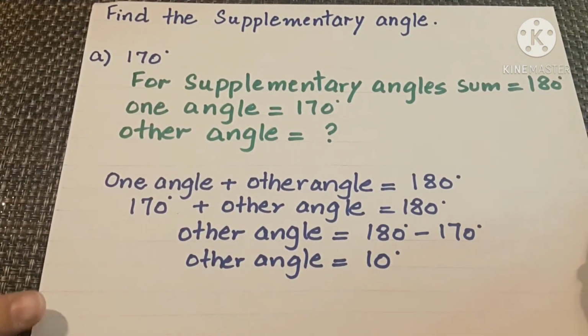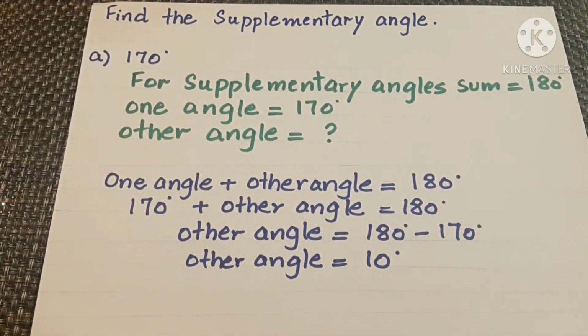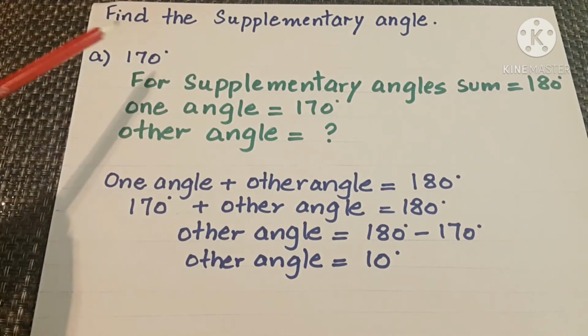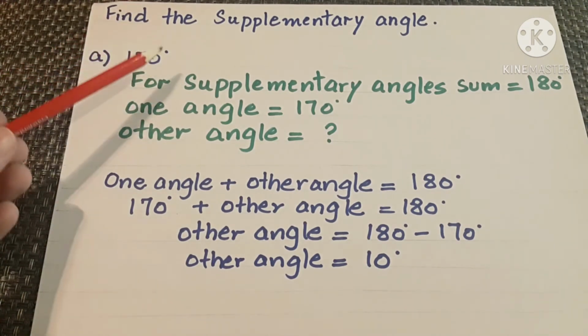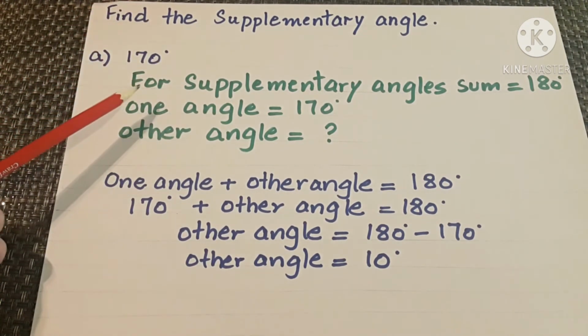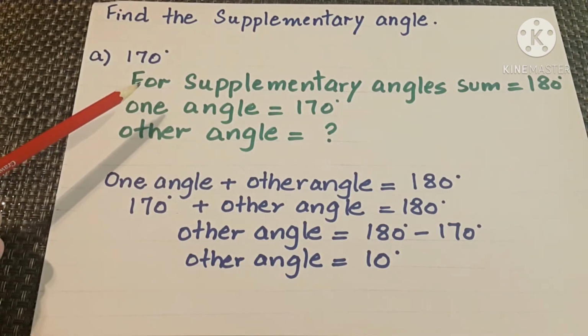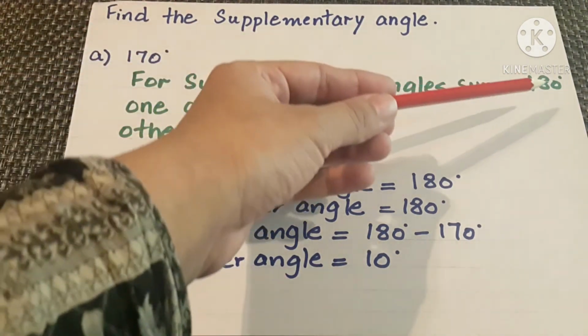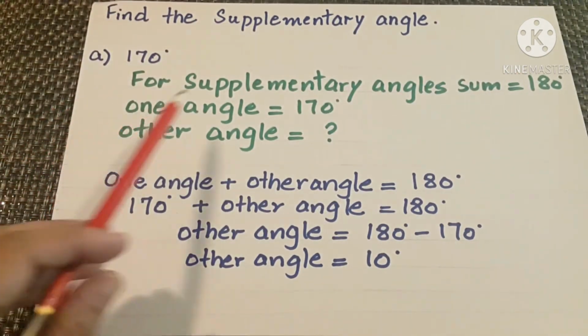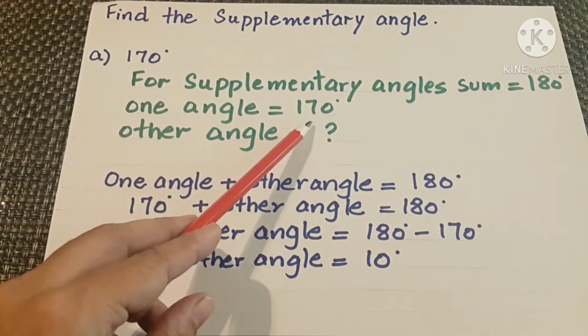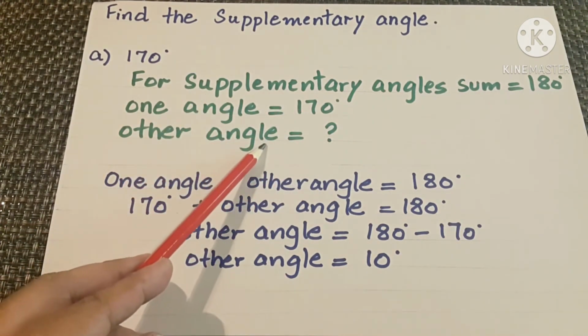Find the supplementary angle. One supplementary angle is given in the question, that is 170 degrees. And as we know that for supplementary angles their sum should be equal to 180 degrees. So if one angle is 170 degrees, what should be the other angle?